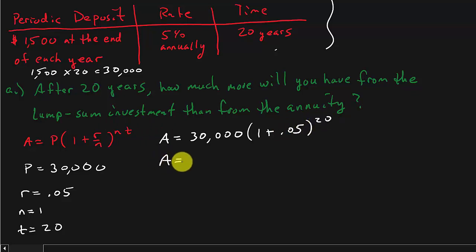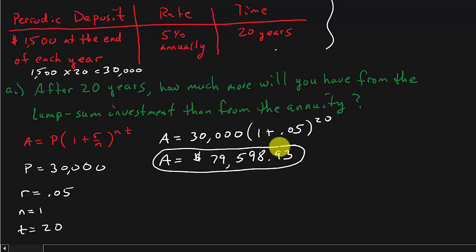And that gives me A is $79,598.93. That's how much I would have at the end of 20 years if I just put $30,000 in there in a lump sum.